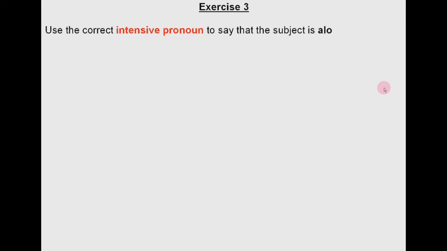Finally, exercise 3. I want you to use the correct intensive pronoun to say that the subject is alone or doesn't need help.